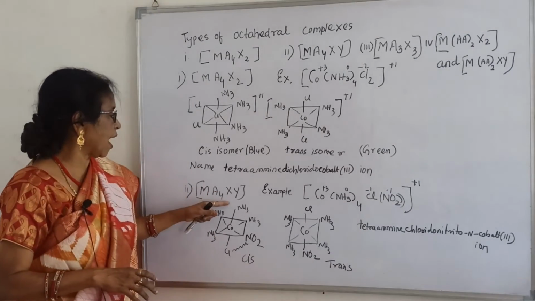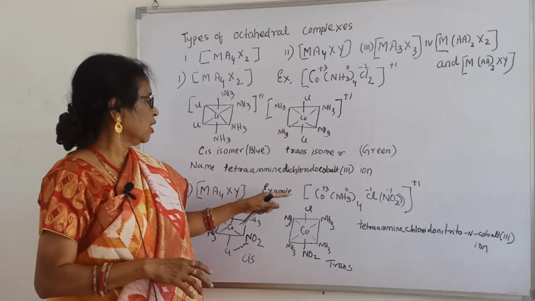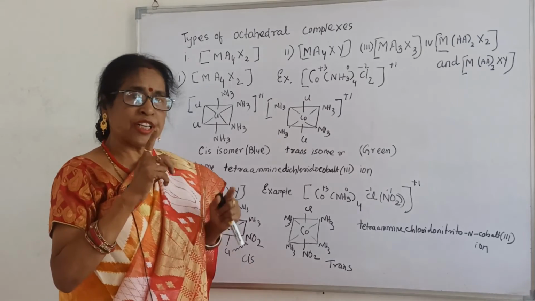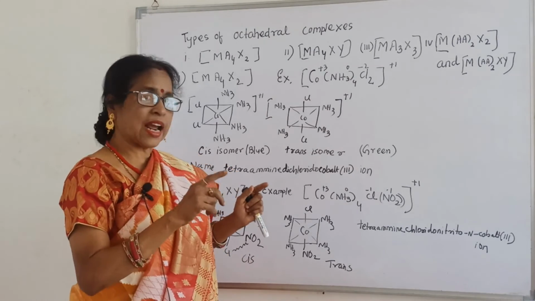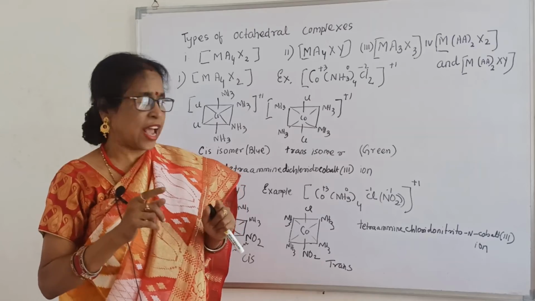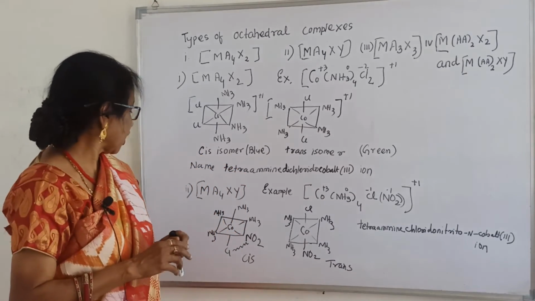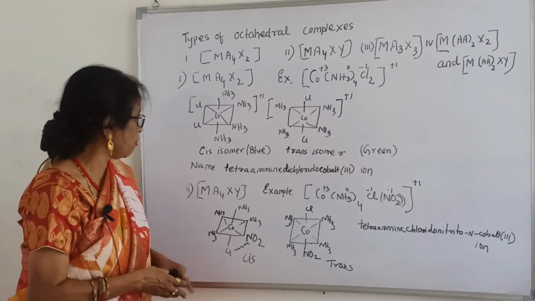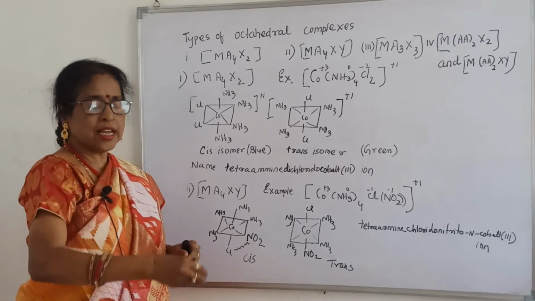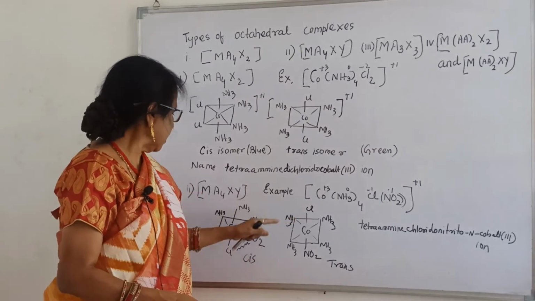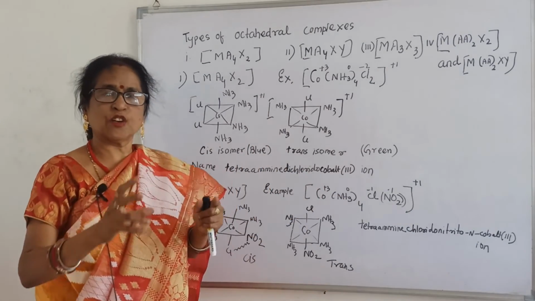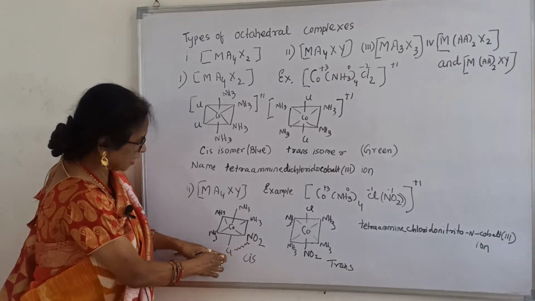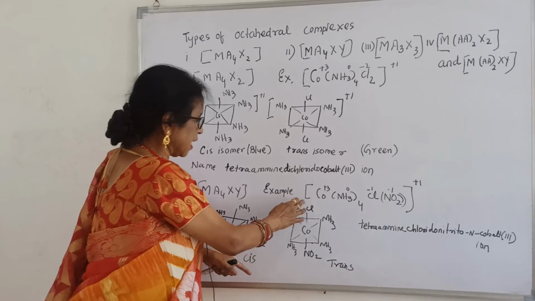Then Ma4XY, example Co(NH3)4, 1 chlorido, 1 nitrito-N, and cobalt 3. And here how can you put the XY, you put as a cis form, XY you put as a trans form. So here since the example is Cl and NO2, instead of XY you can put here Cl and NO2.